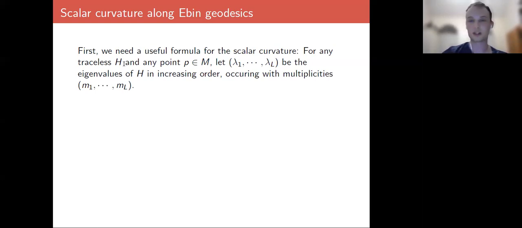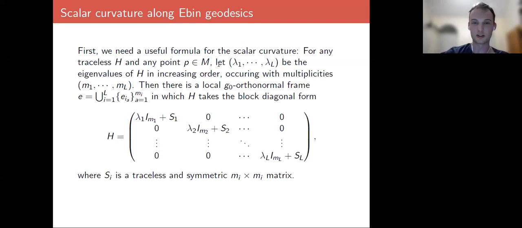I'm also going to assume, without loss of generality, that these eigenvalues appear in ascending order, because this is where our trace equals 0 constraint comes in: unless all of the lambdas are 0, at least one of them is going to be negative. So that's quite important. It has the same role as what we already saw with the homogeneous scalar curvature.